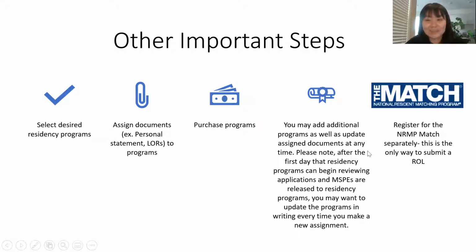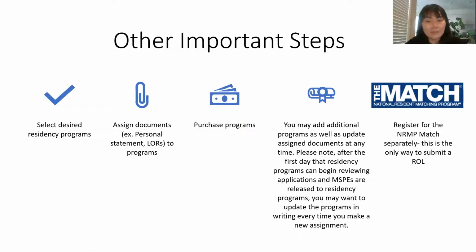The next step, when you assign documents, is actually really important. When you assign documents at any time after you've submitted your application the first time, or the only time rather, during the cycle, you'll want to update the residency programs every time you upload a new document. So for instance, if you have a letter of recommendation that comes in after you've submitted your application, you really want to notify your programs because they may not be aware of it.